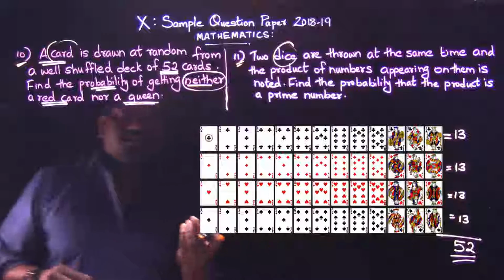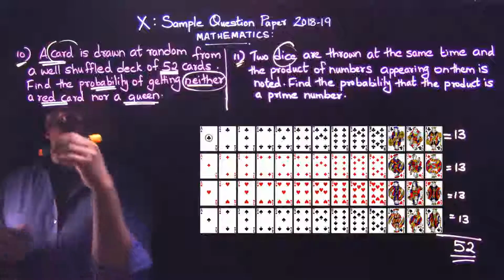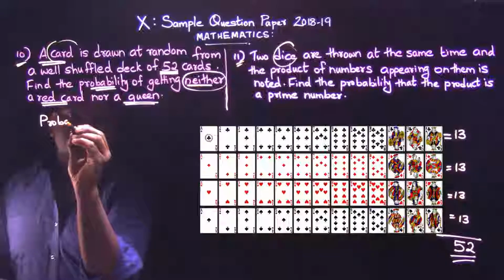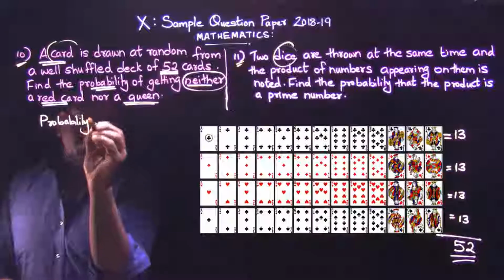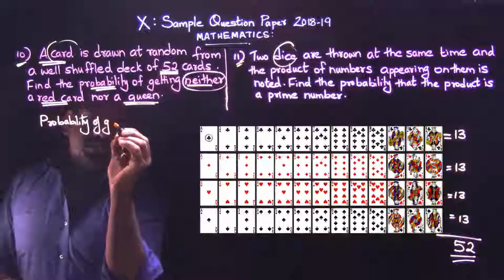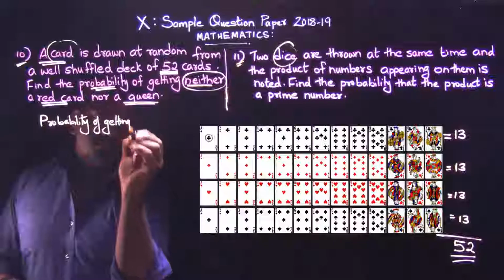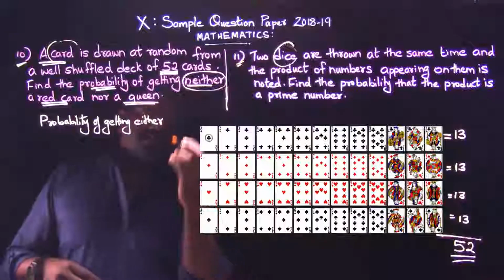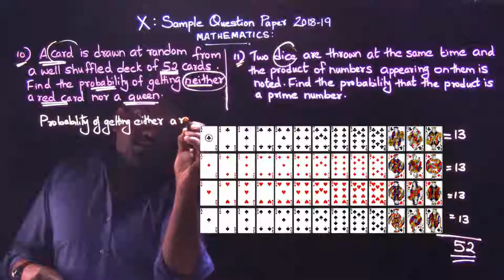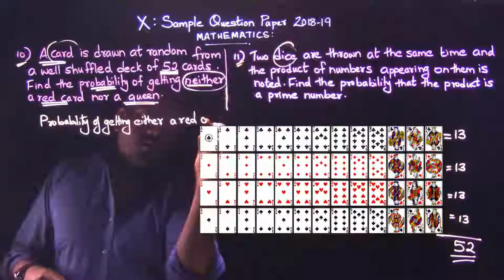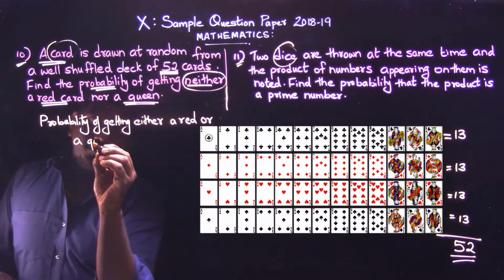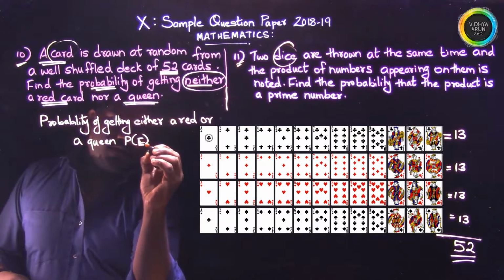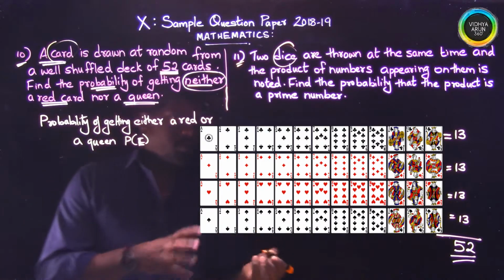First, you can deal with this problem like this: the probability of getting either a red or a queen, which I'm just keeping as P of E. If I get either of these, what is the probability?